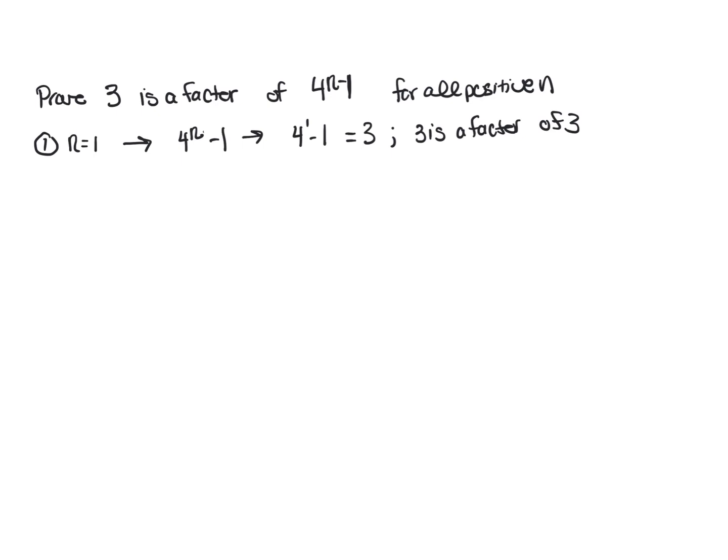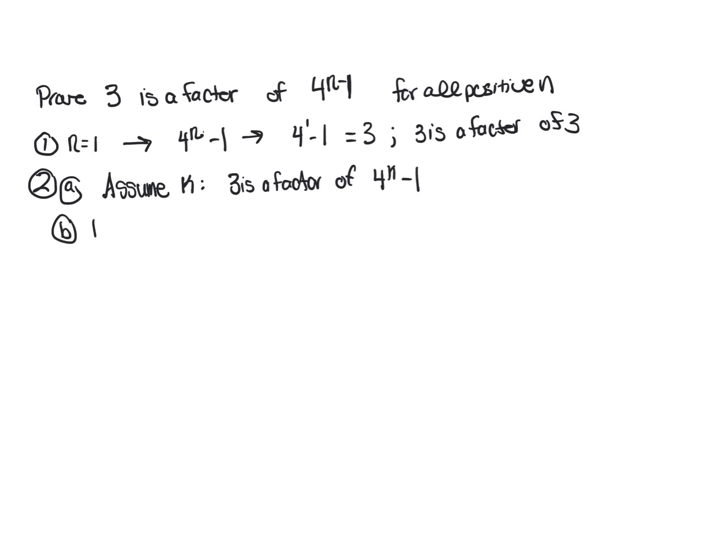So then step 2, part A, we assume this has to be true for k, which would give us that 3 is a factor of 4 to the k minus 1.